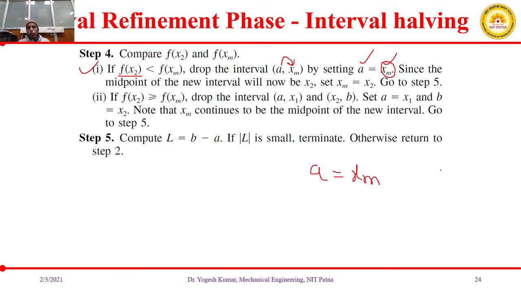Okay, and your interval will be shifted from xm to b, and you can say your x2 will be lying at the midpoint.